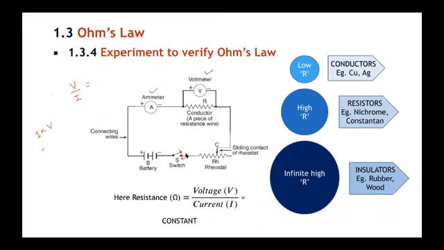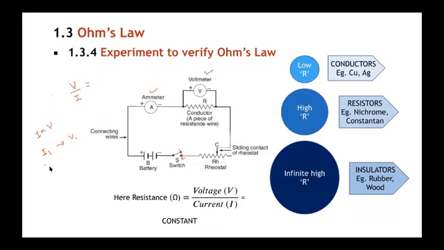After switching on, let's say I got some value of I, say I1, and also some value V1. Now, because this is a variable resistance, what happens if you increase the resistance of the rheostat? The current value will decrease.